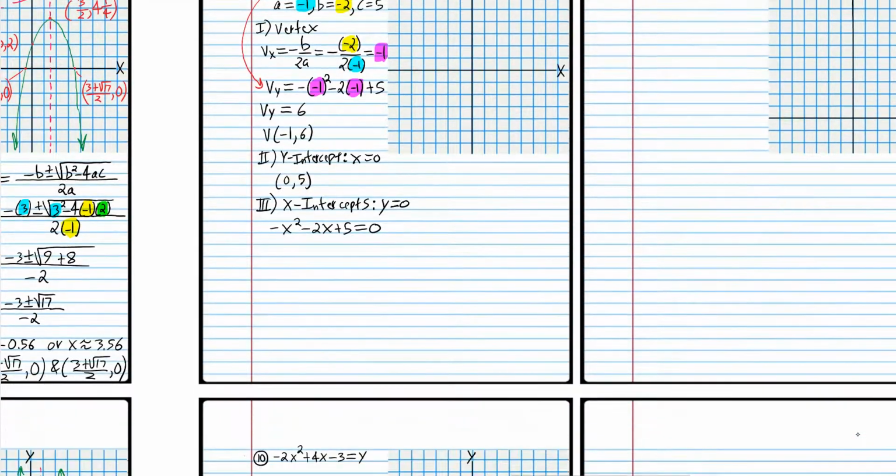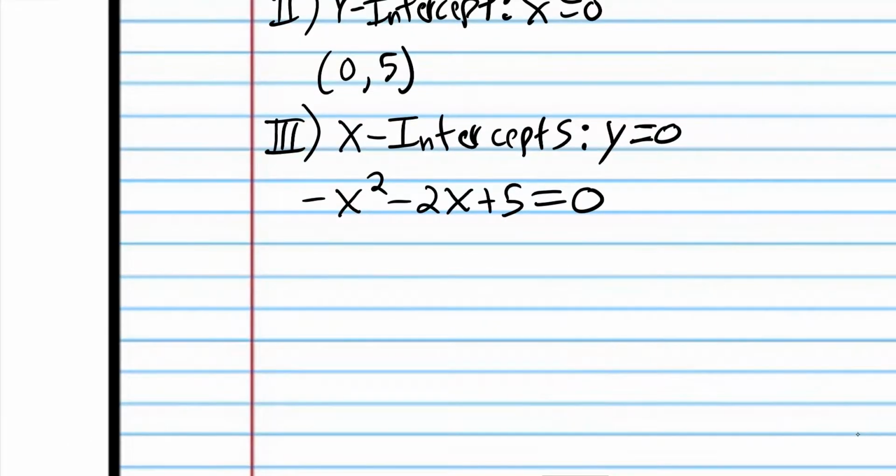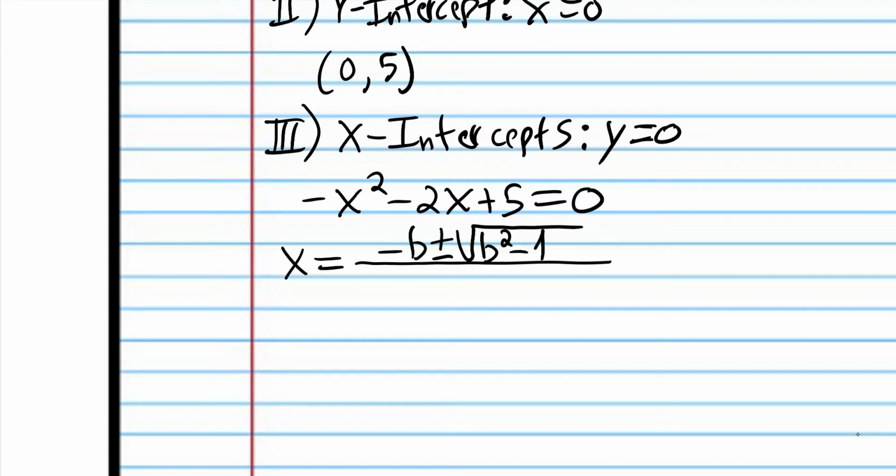And we have to solve this quadratic equation, but it's not easily factorable, so we're going to have to use the quadratic formula. And it's good to have to write this formula again and again and again, because that helps you remember. So now we're just going to plug in the values.